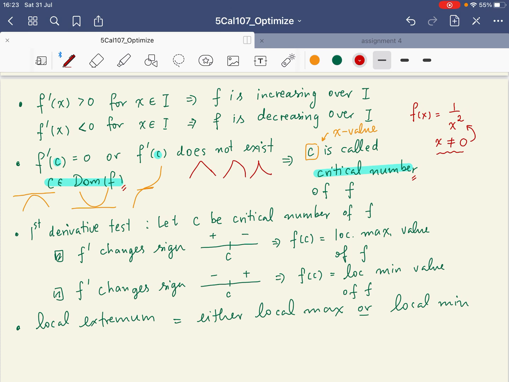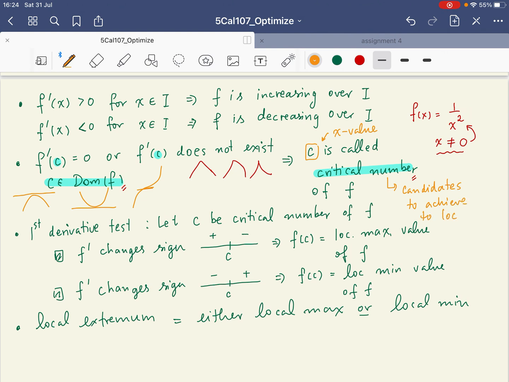Please keep in mind again that the critical number is just a candidate, a candidate so that your function will have a local max or a local min occur there.